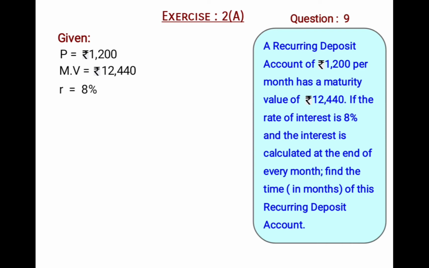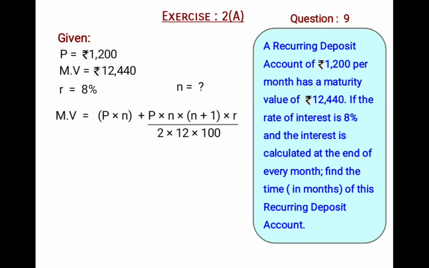We want to find N, that too in months. So we are using the MV formula. MV is equal to P into N plus P into N of N plus 1 into R whole divided by 2 into 12 into 100.